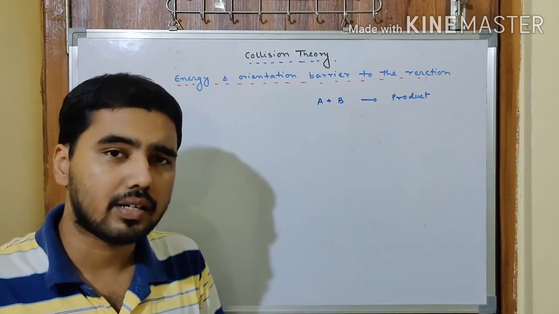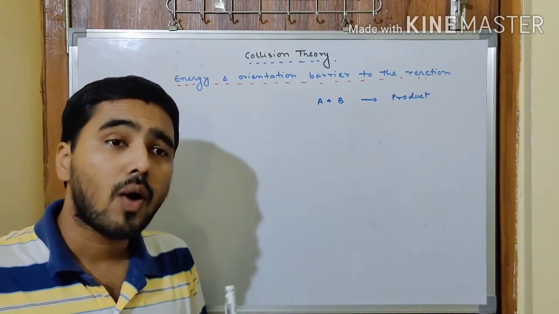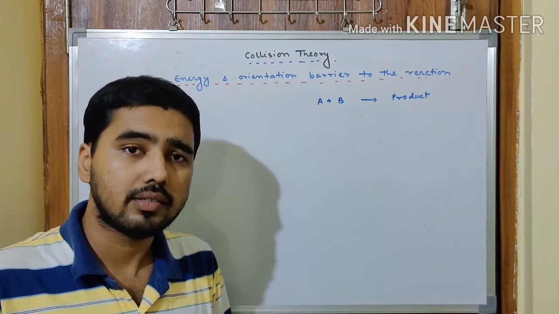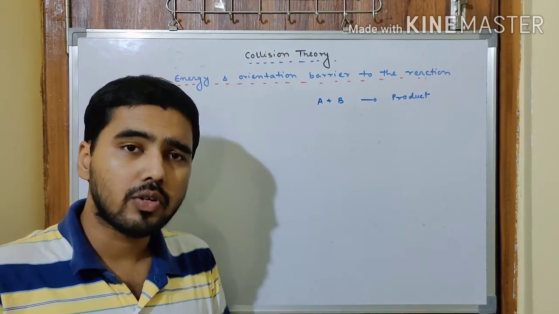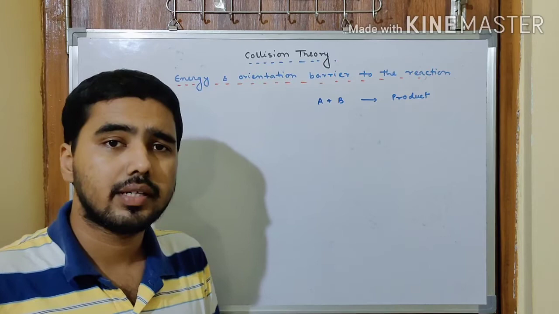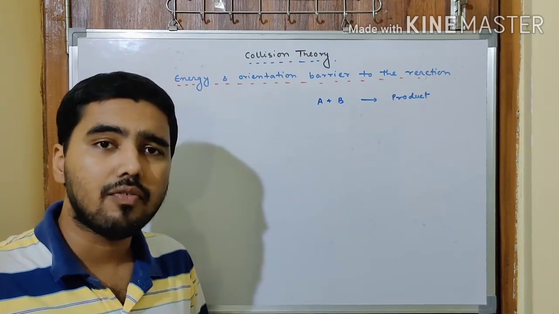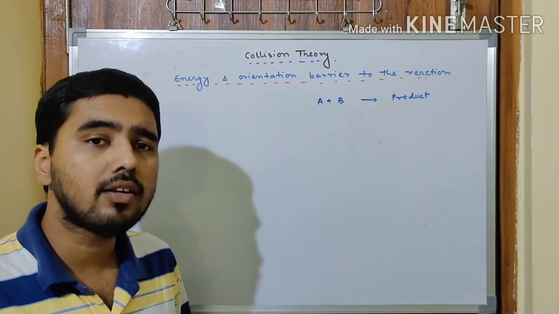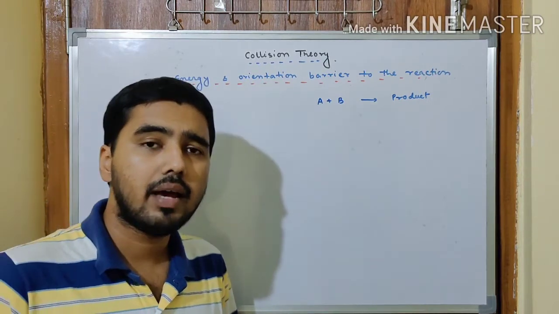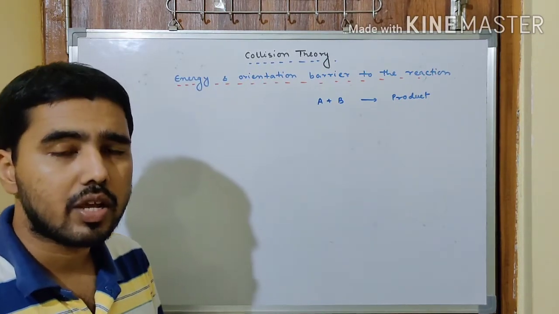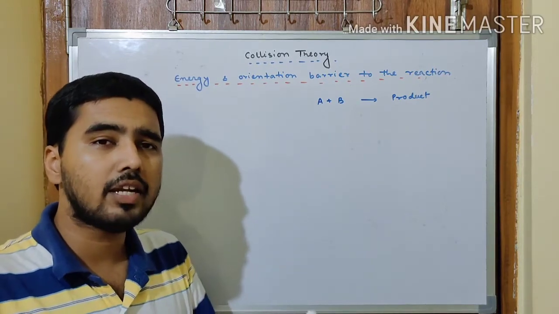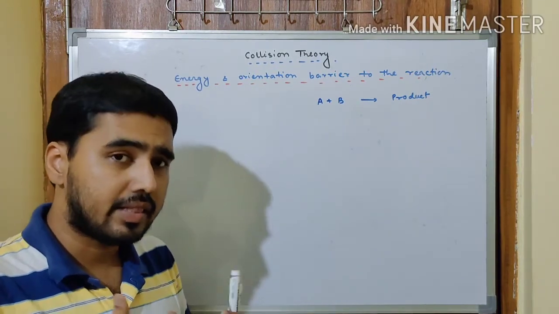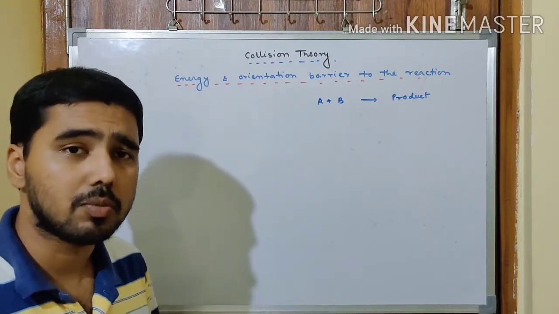There are various factors. First of all, why are they going to come in contact? We know that when the molecules are kept, the molecules will have some kind of collision in between them, because they are moving around. There must be motion. So if the molecules are coming in contact with each other, then only the product is possible.